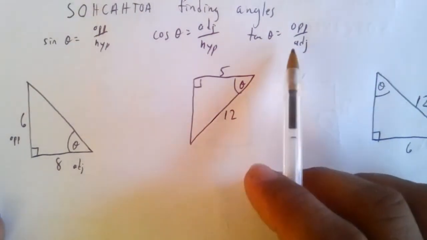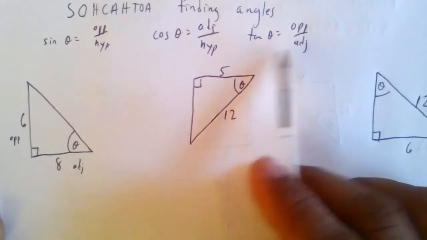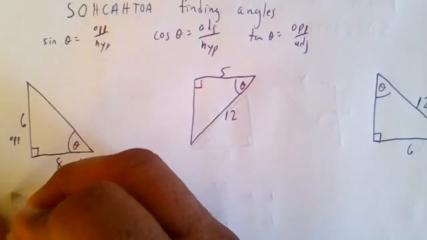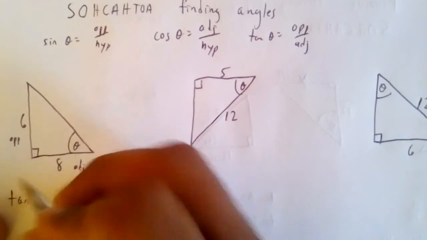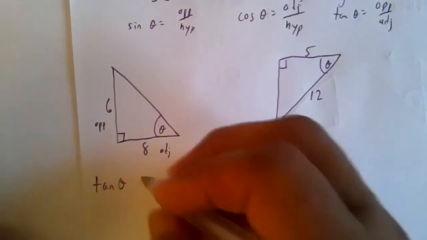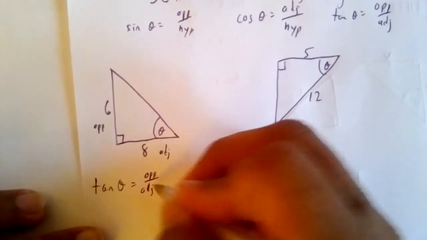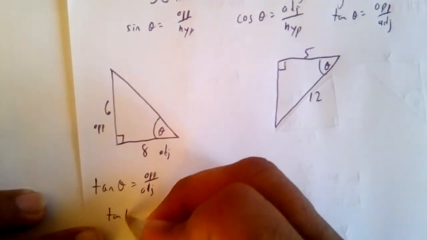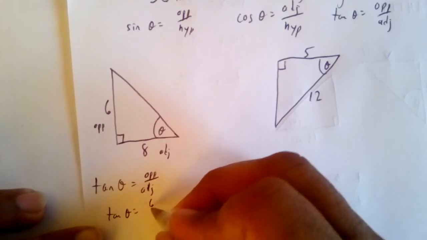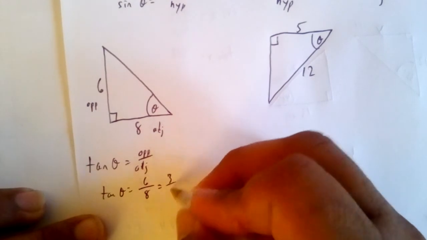Well, opposite and adjacent means tan. So we put tan of the angle, and we concentrate on that. Tan of the angle is equal to opposite over adjacent, and the tan of the angle is then 6 over 8, and that can reduce to 3 over 4.